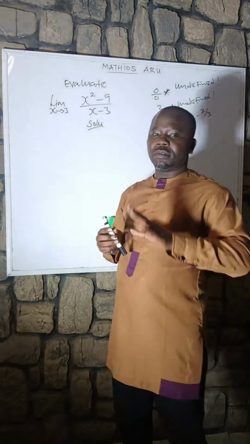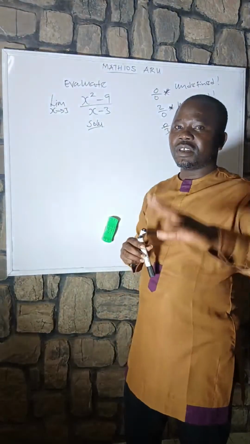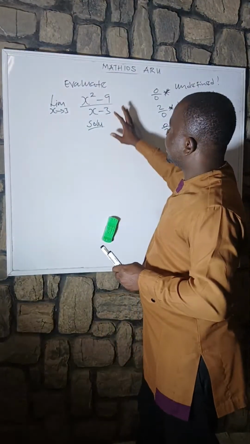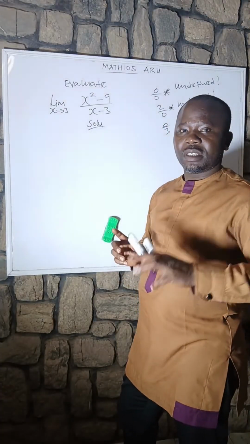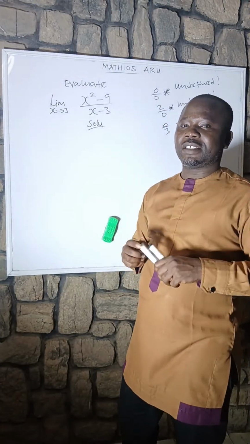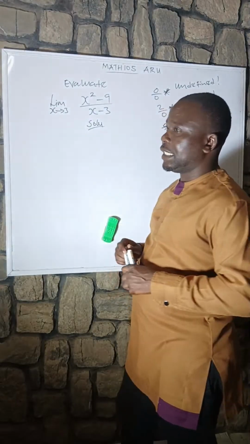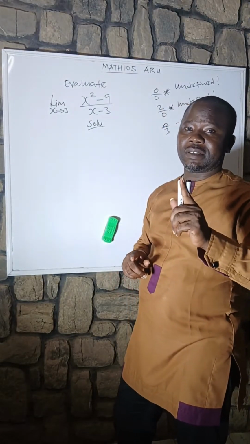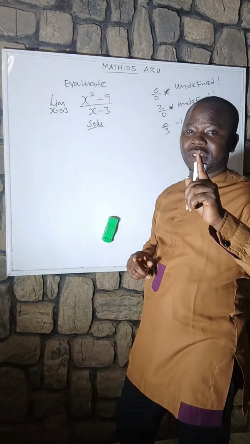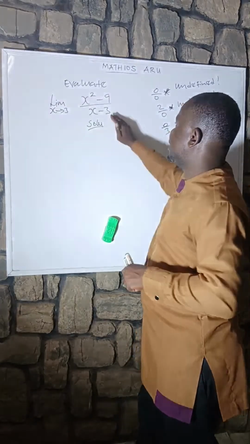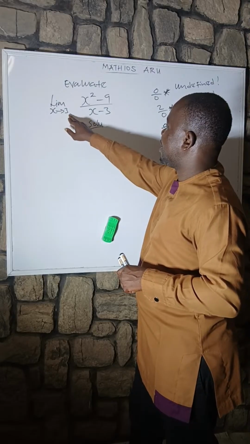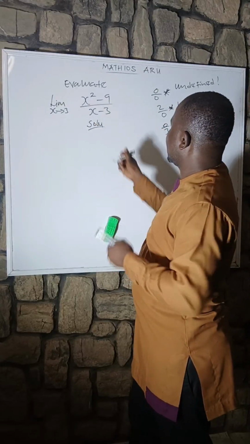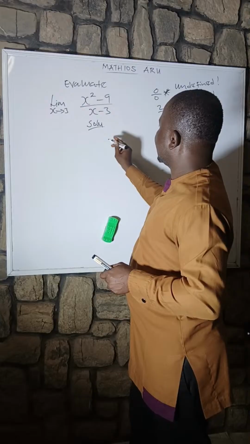Let me just give you one clue. Supposing this is a JAMB exam question, JAMB will give you answers and one of them is the correct one. If we substitute in this limit, x tends to 3, it means anywhere we see x, we write 3, right?